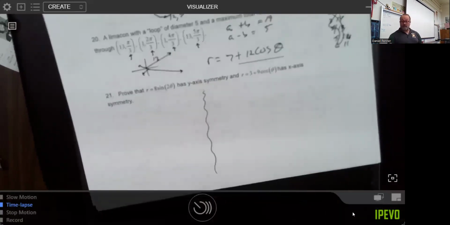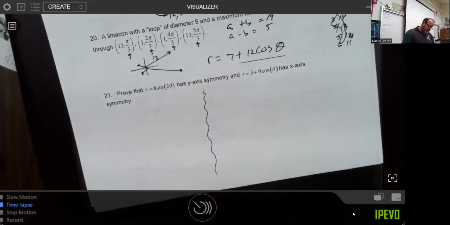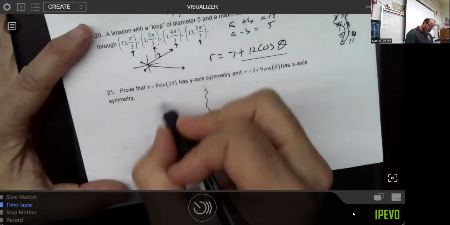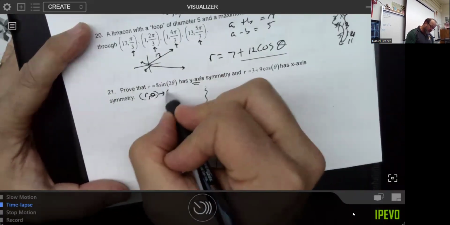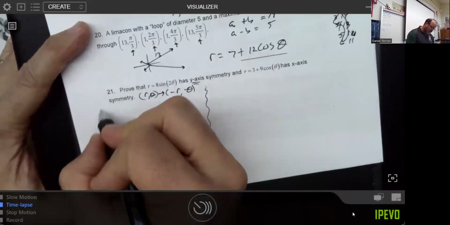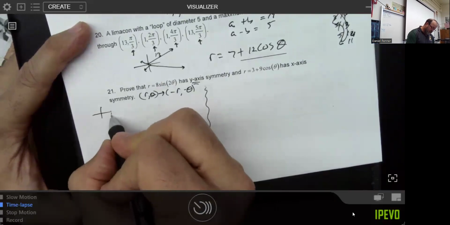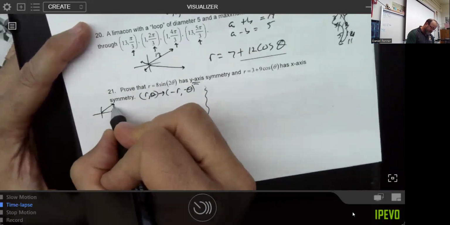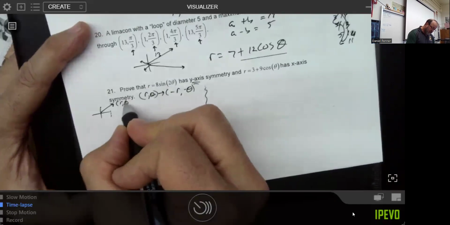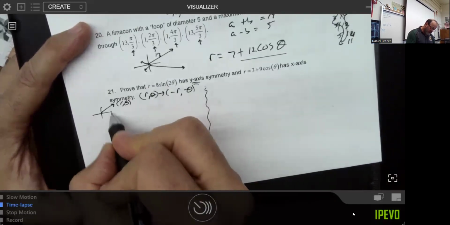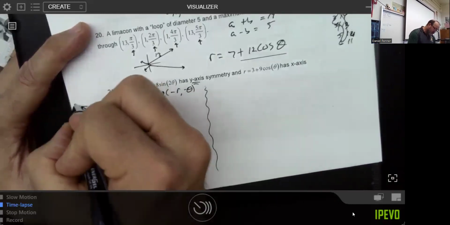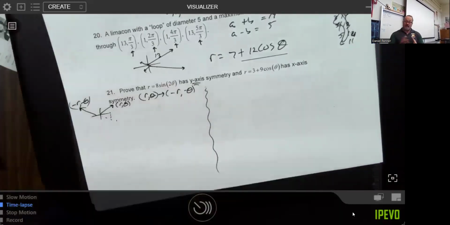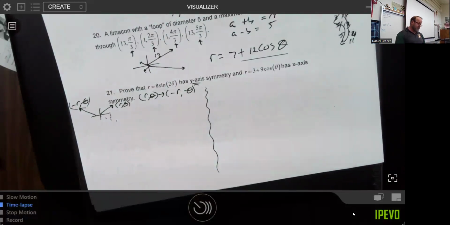Now, symmetry is a little bit tricky, and I actually purposely gave us the easy ones, but one of the tests for y-axis symmetry is to replace r, theta with negative r and negative theta. Now, that seems weird, but if I have some value here, r, theta, if I rotate backwards, negative theta, but then go backwards, I'm going to land up here. So this value is negative r, negative theta. And that is a perfect look of y-axis symmetry.